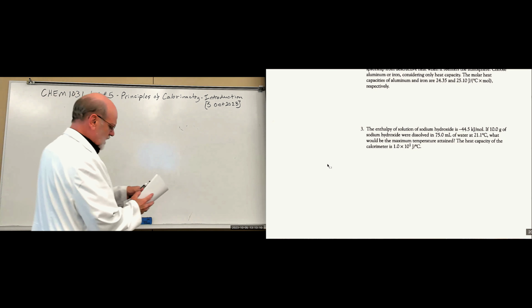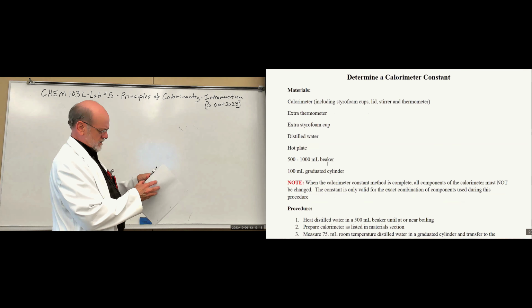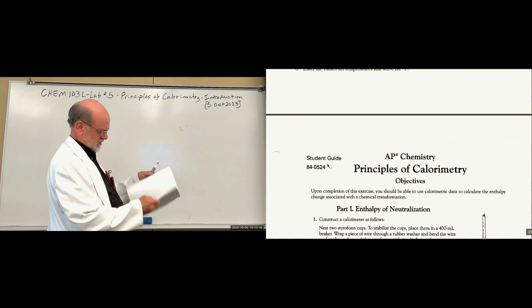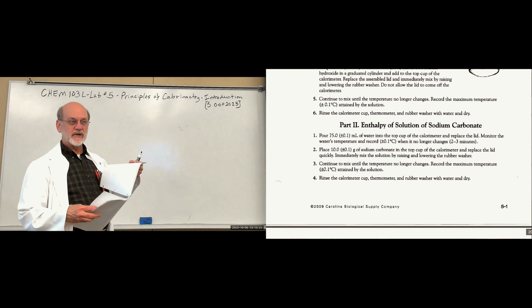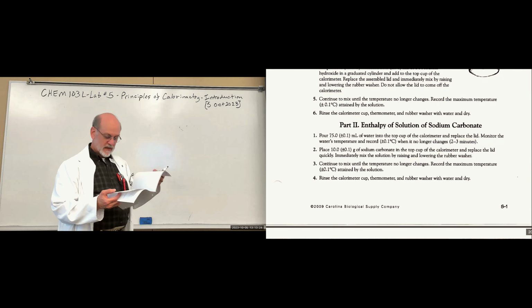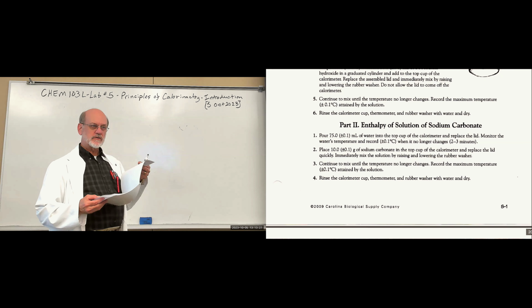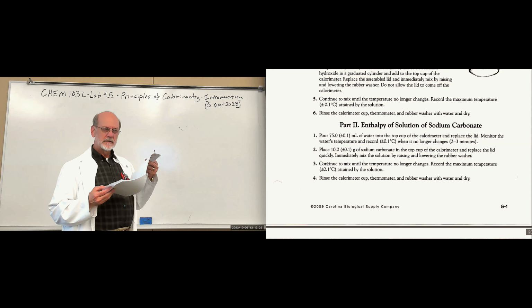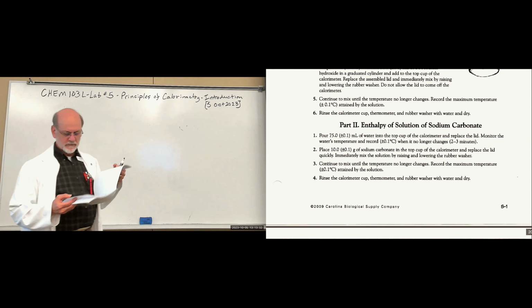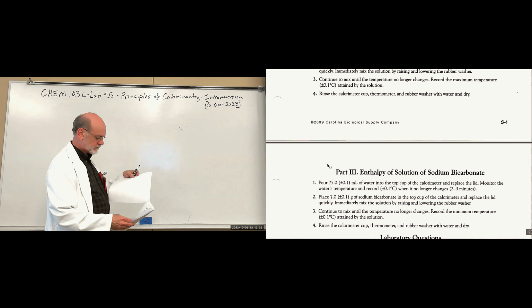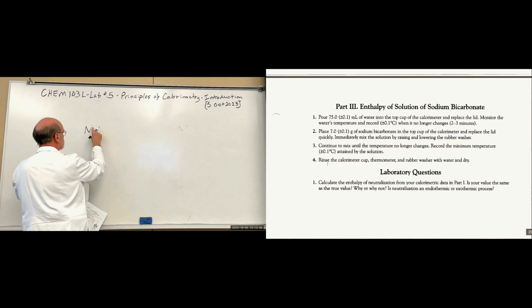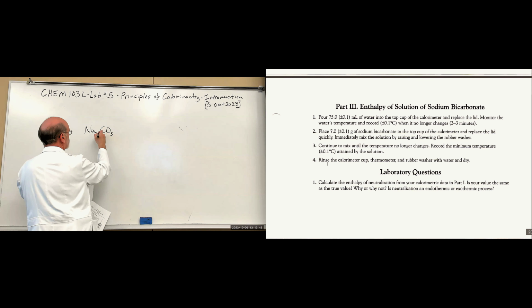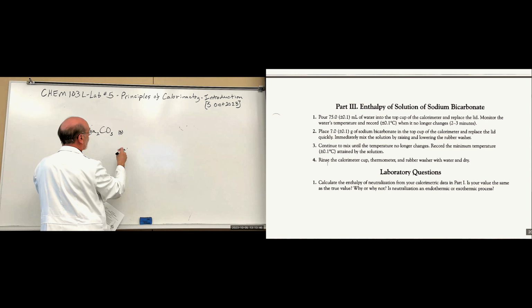All right, first thing we have to do, the procedure starts on the 3rd page, I think. Yeah. The enthalpy of neutralization is the acid plus base. Do that one first. Then we're going to do 2 procedures of heats of solution. First one is sodium carbonate, that in water.